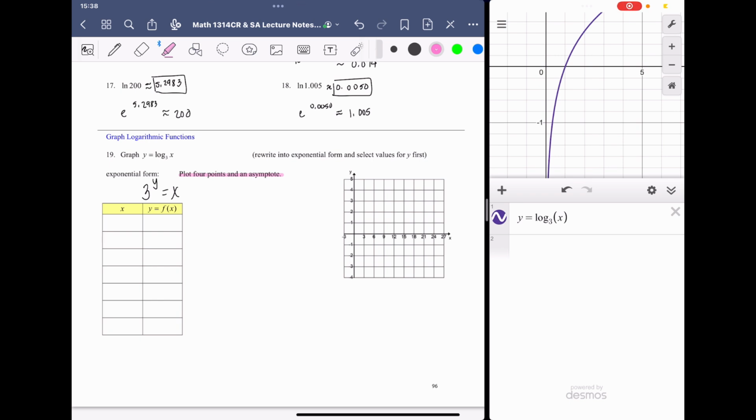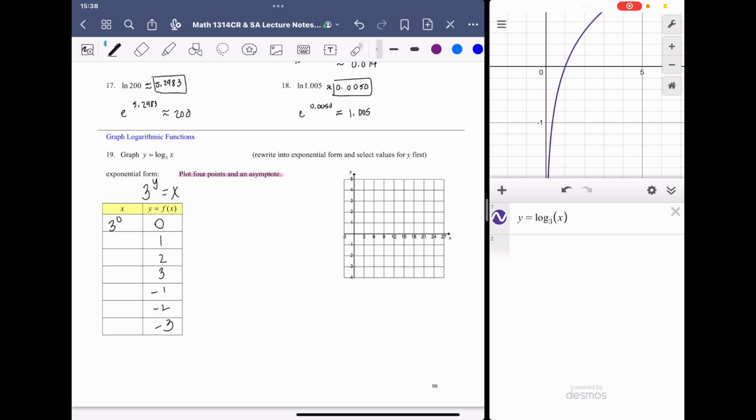So we're going to put our y first. Let's just do 0, 1, 2, 3, negative 1, negative 2, negative 3.